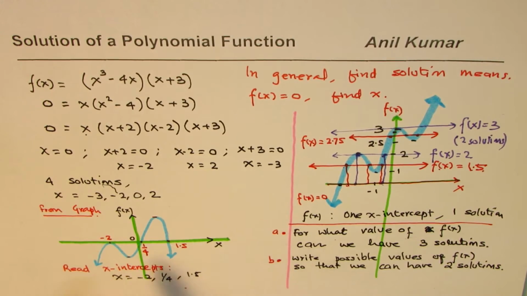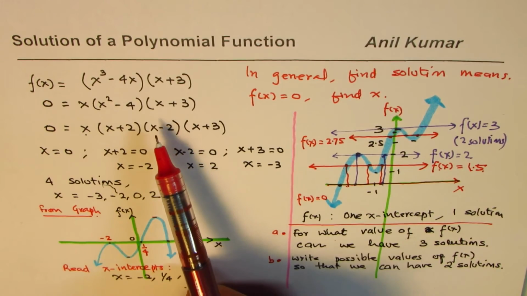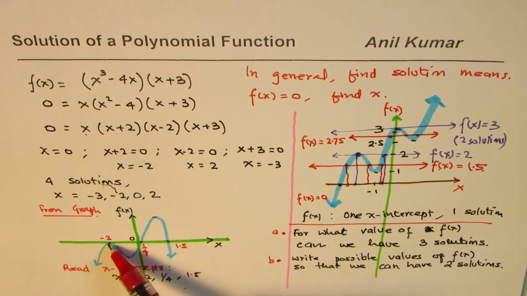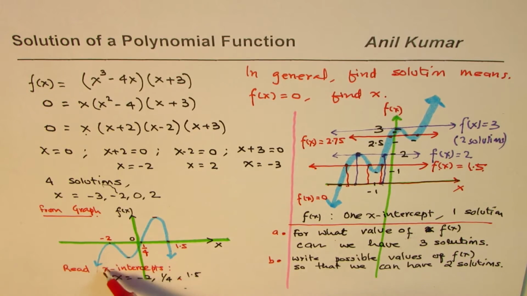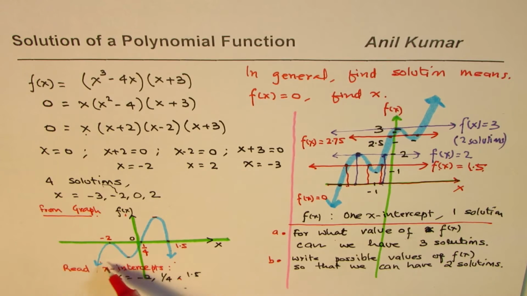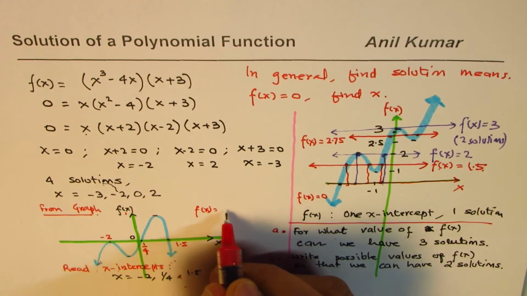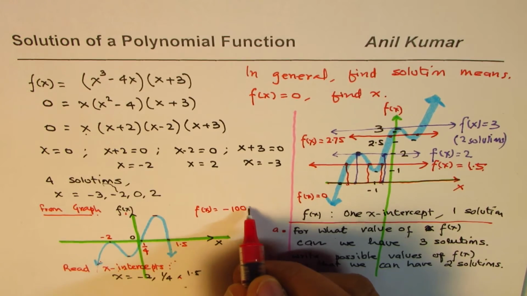In this case, if I write the question, for what value of f of x do we have 2 solutions? We know the end behavior is kind of going downwards. So for any value which is very large negative for f of x, we'll have 2 solutions. Do you see that? So on the safe side, we could always say that, right? So we could say that f of x equals, let's say, negative 1000.